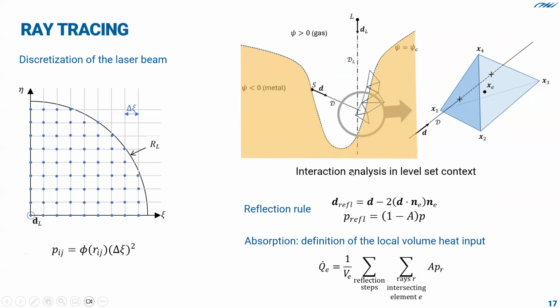So I don't insist that much, but there are a lot of geometrical calculation in order to identify the element target that is hit by each of elementary beams and the reflection, the power that is reflected is 1 minus A, the power of the incident ray.